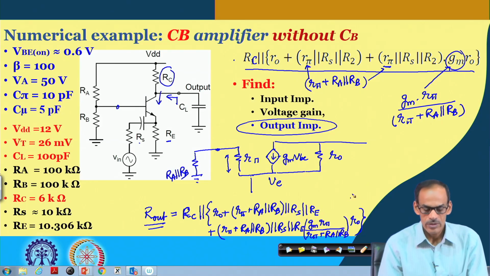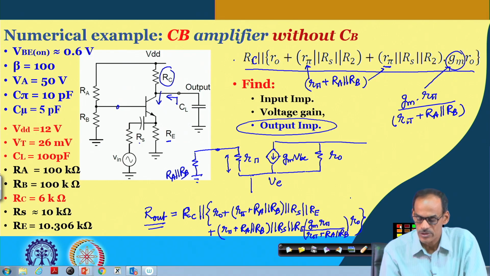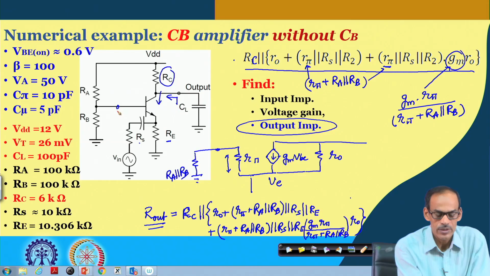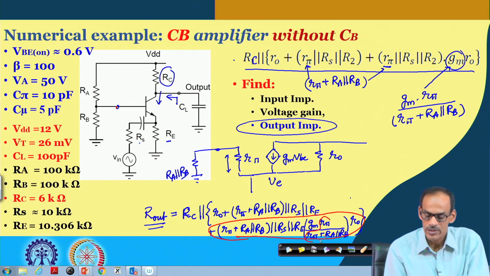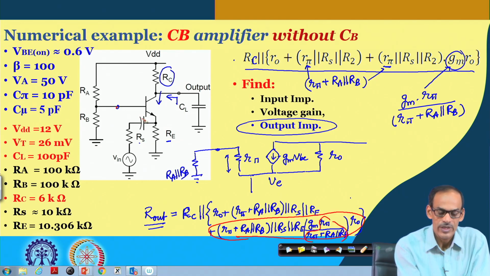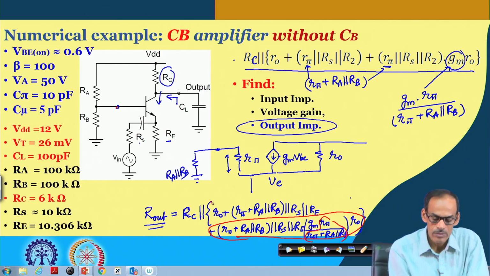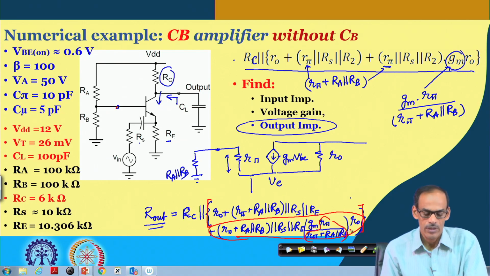Again here also you can see the numerical calculation, and I must say that due to the absence of Cb, this dominant part is getting affected because of this factor, and this factor we already discussed in this example is 1/10. So, from here to here this impedance is getting changed by a factor of 0.1.